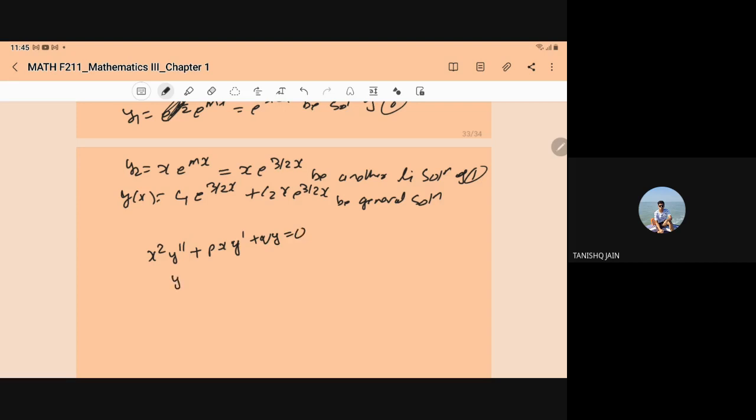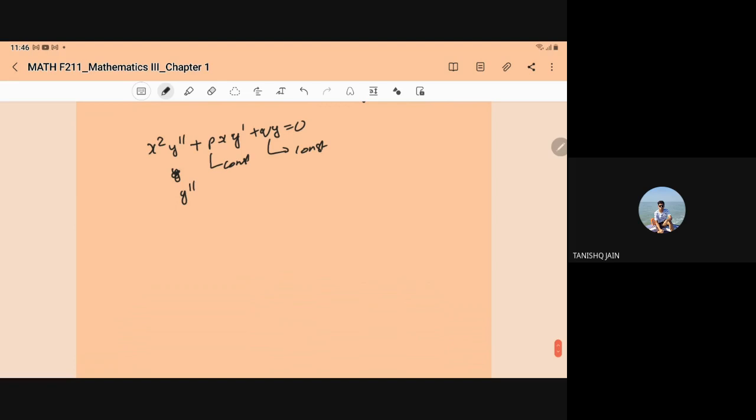In this case, p is a constant and q is also a constant. In the standard form, you will write y double dash plus p upon x y dash plus q upon x square y is equal to 0.